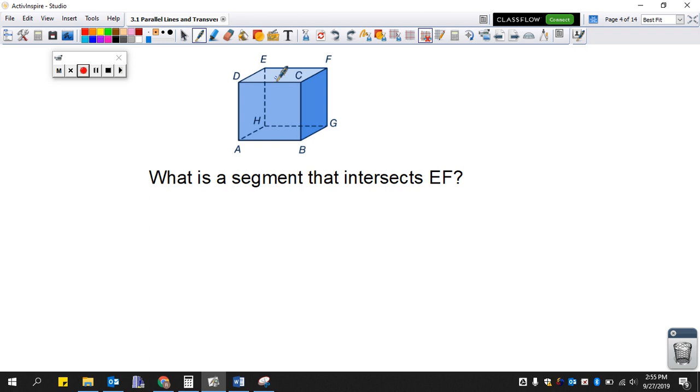So we want to look at what are all the segments that intersect EF. Well, EF is this up here. Let me try red again. Blue doesn't show up very well. EF. So we want to talk about all the lines that intersect that. Well, right here, if we look at point E, we have DE, we have HE, and we have EF, of course, which is the line.